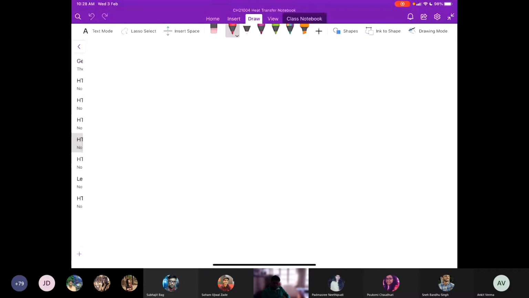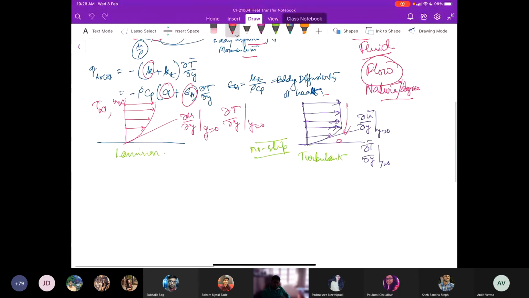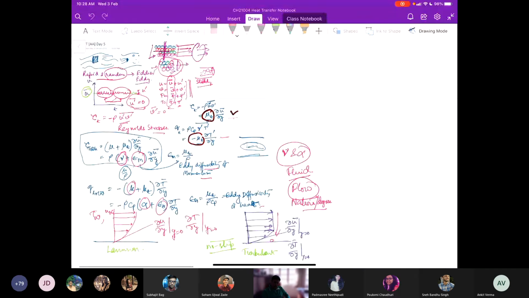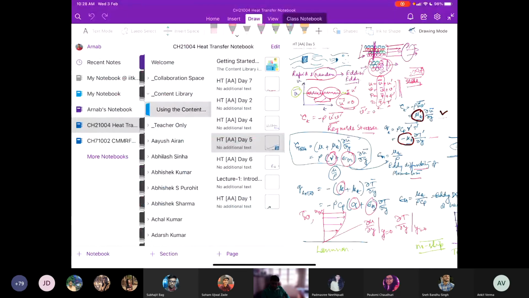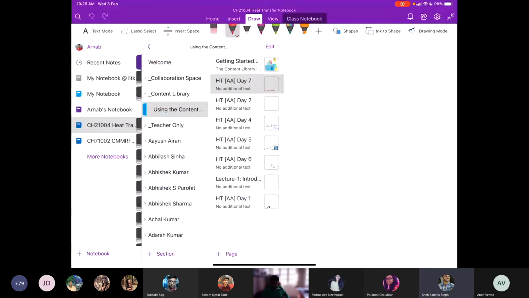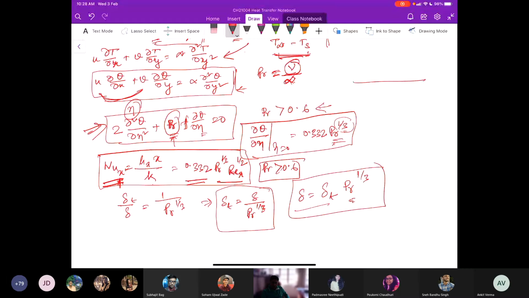That schematic was a representation, since we didn't know which one would be thicker or thinner, so that's why I drew it that way. I purposefully drew it like this, where one boundary layer thickness is delta T and the other is delta, because we didn't know the relation then. Now the relation comes with the Prandtl number.